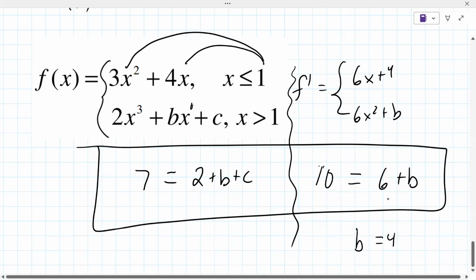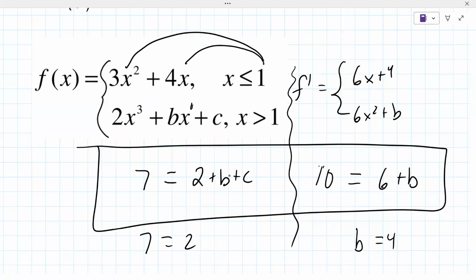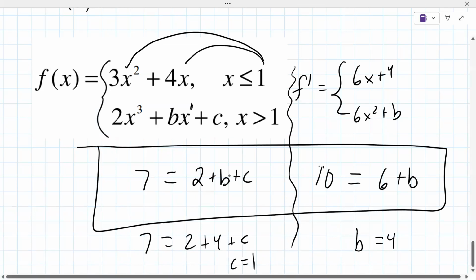Oh, shoot. I'm hearing that maybe you're tired, maybe it's been a long day, but this is something you'd say is easy. I've got the basic equations, there's no calculus. 7 equals 2 plus 4 plus c. The hard stuff is over.